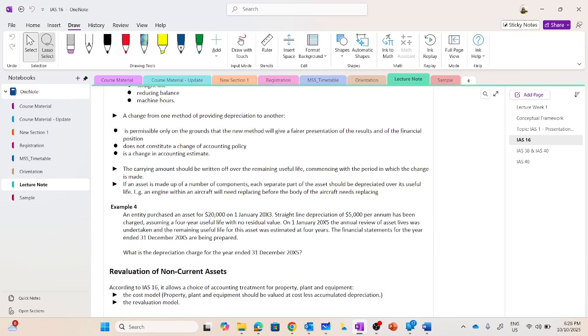Example, an engine of an aircraft will need replacing before the body of the aircraft needs replacement. So we need to know it as well.